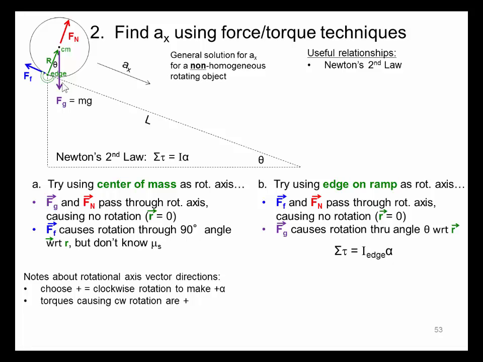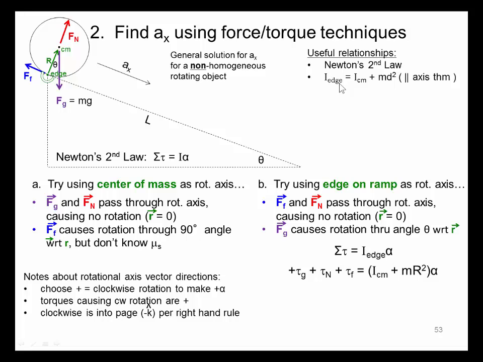Your thumb has to be pointing into the center of the page, and that matches the rotational axis direction as well, using the right hand rule. So we're going to choose clockwise into the page, which is our negative k direction, but we're going to call it positive. Recall that we're using the moment of inertia around the edge, which is our center of mass plus md squared.